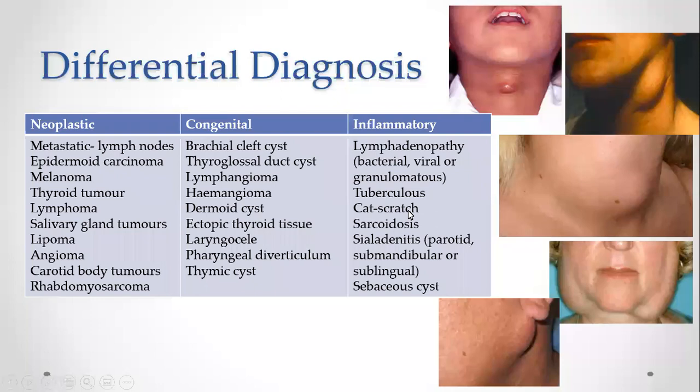Another infection is cat scratch disease, sarcoidosis, and sialadenitis due to a stone in the parotid, submandibular or sublingual glands. Another inflammatory or infected lesion can present like an infected sebaceous cyst.